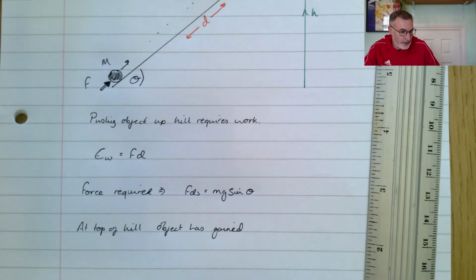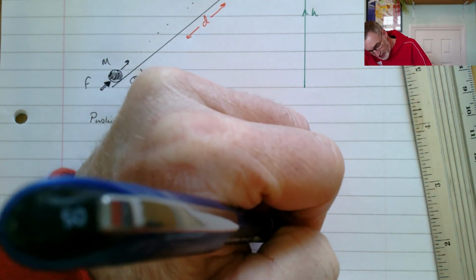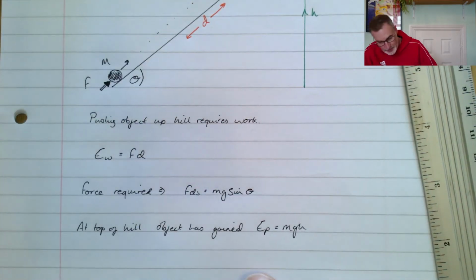So at the top of the hill, the object has gained EP, which is mgh.